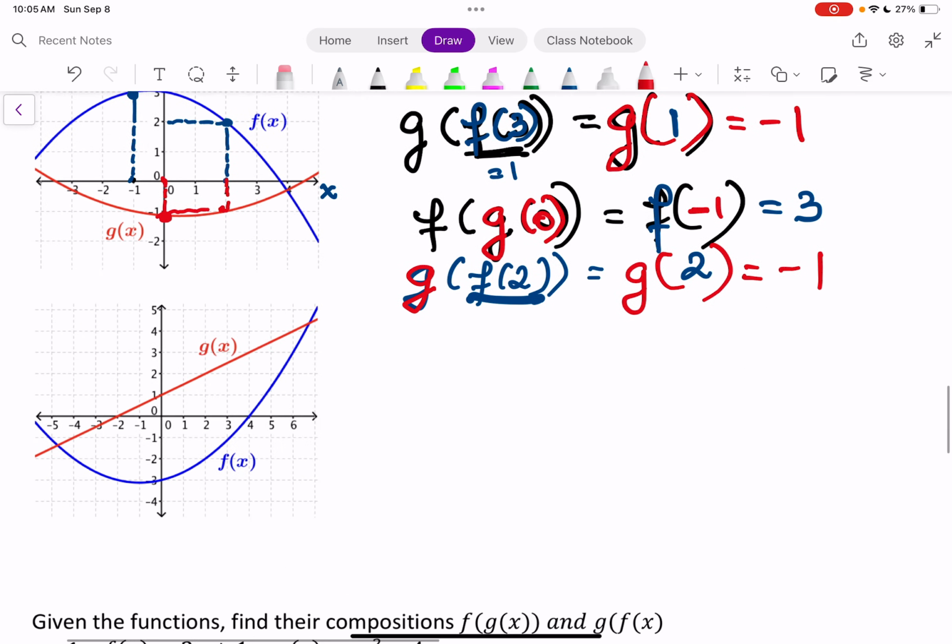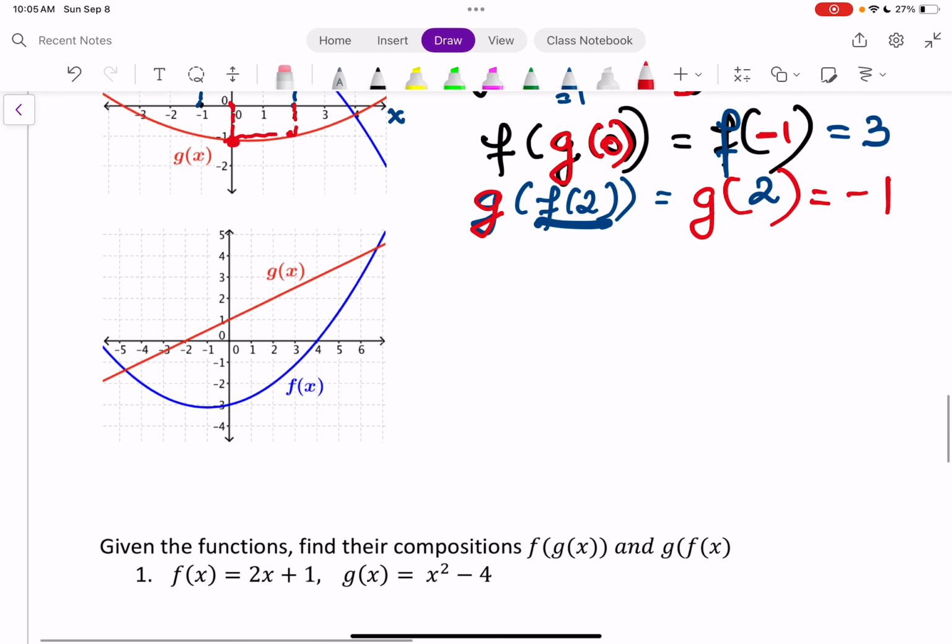All right, here's another graph I'm going to let you read. And I'm going to ask you a few questions, such as, what is g of f of 0?